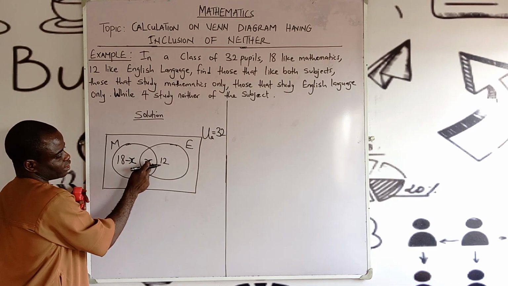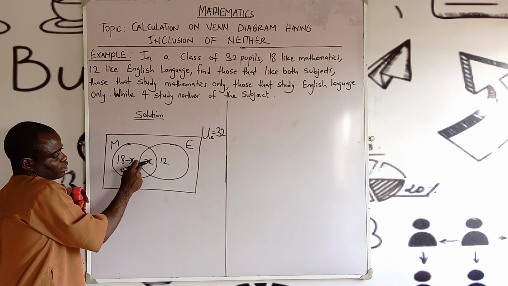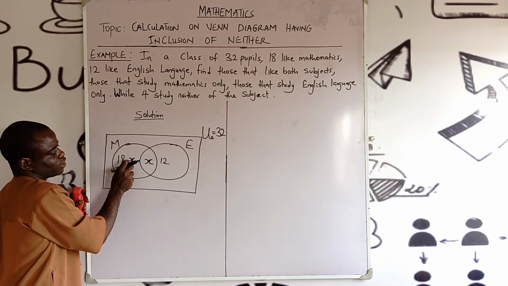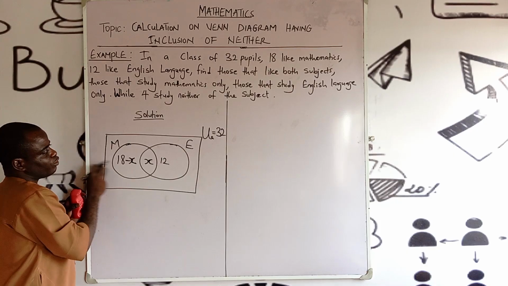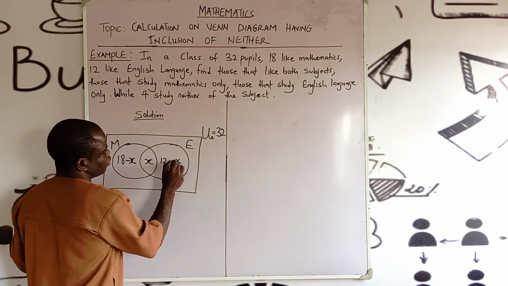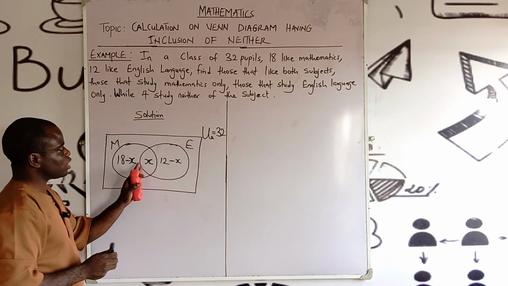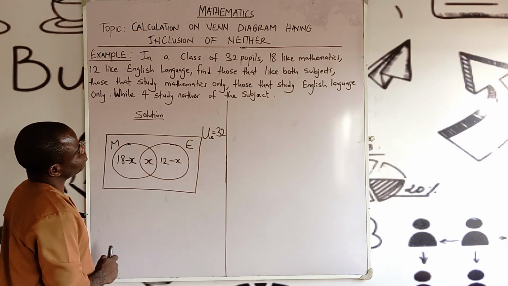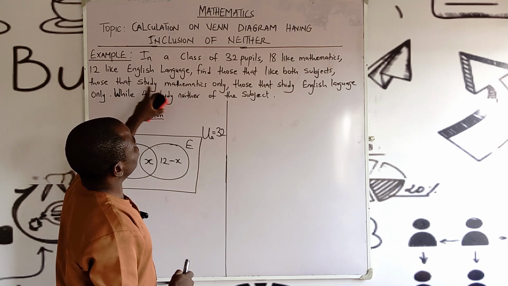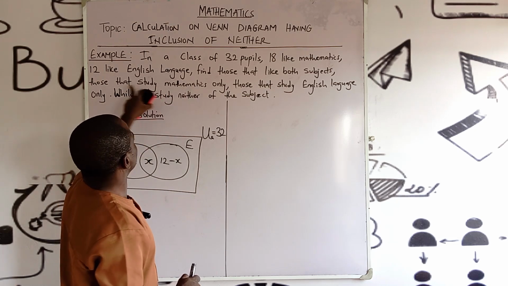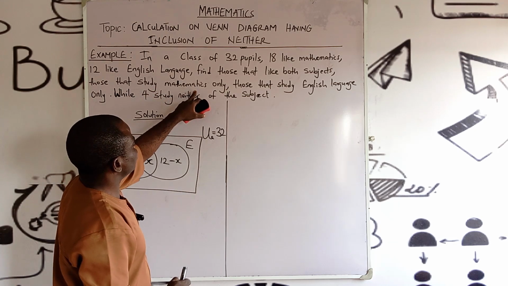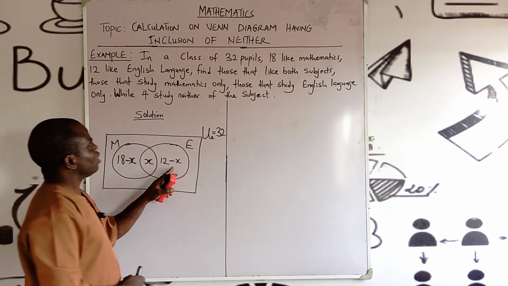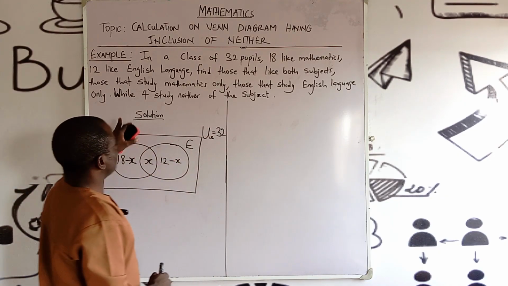You can see this x cuts across the mathematics circle, but when you subtract this x, this portion, from 18, you now know those that are offering mathematics only. The same thing, subtract x from English, and you know those that are offering English only.